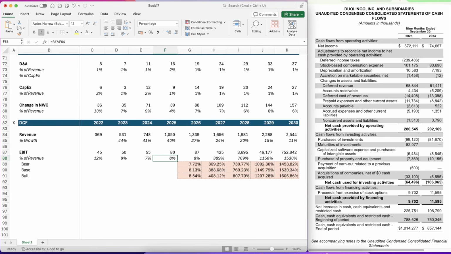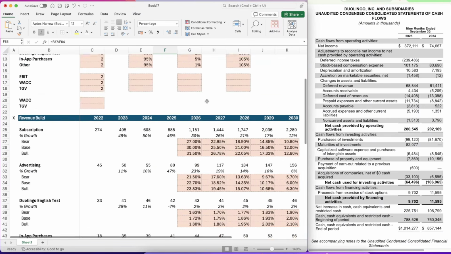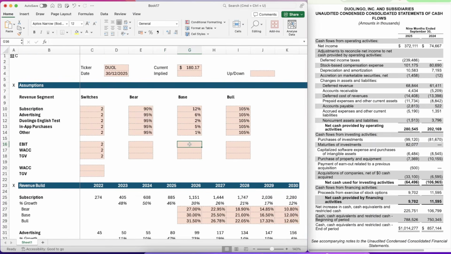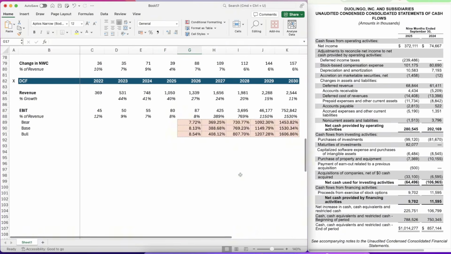So for EBIT, let's say that this eventually goes to 26%, because I think that's what they're forecasting, that there will be margin expansion as revenue grows.